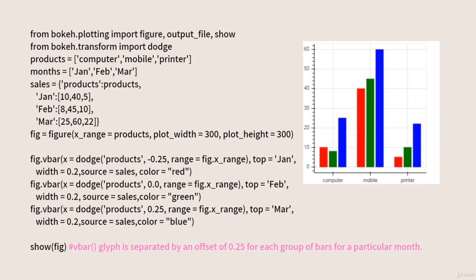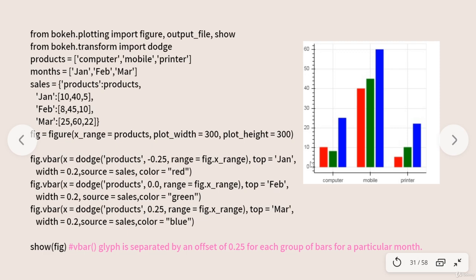And similarly, the third time, the vbar has been introduced to showcase the sales of printer in the months of January, February, and March. So three times I have to use the vbar function. Every time it is for a different product: the first time for computer, the other time for mobile, and the third time for the printer. I have used a dodge function here.